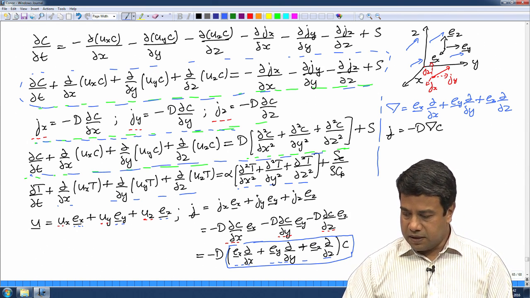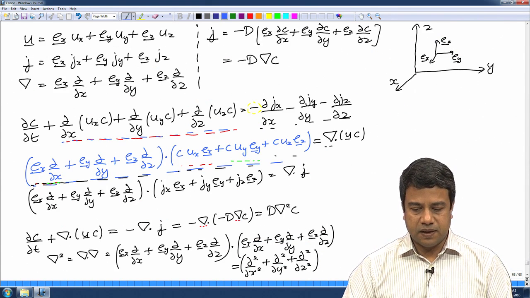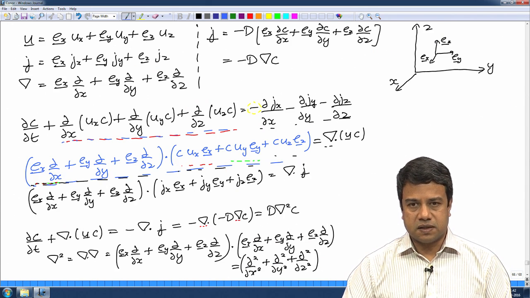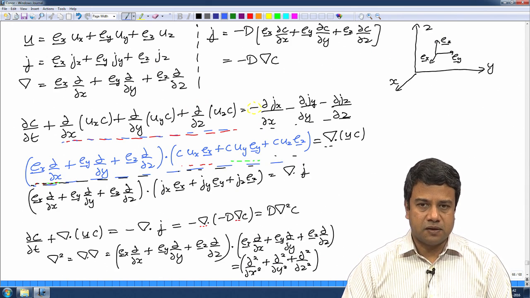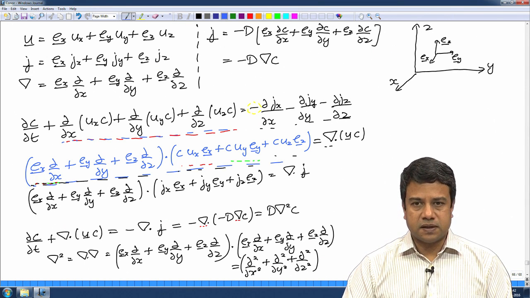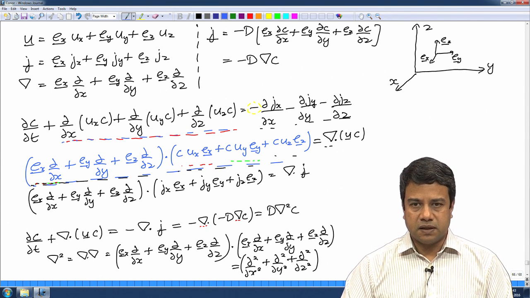I had also derived for you, rewritten a little bit by defining vectors. The velocity vector, of course, we know the velocity is a vector, it has a direction and a magnitude at any point. The flux can also be written as a vector. The flux has 3 components in the x, y and z directions, which depend upon the derivatives in the x, y and z directions.